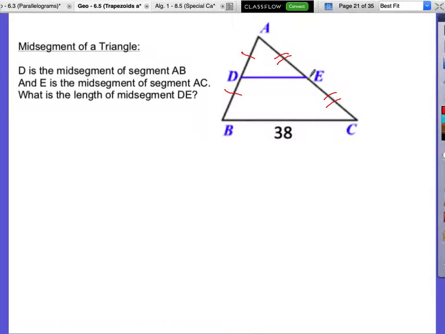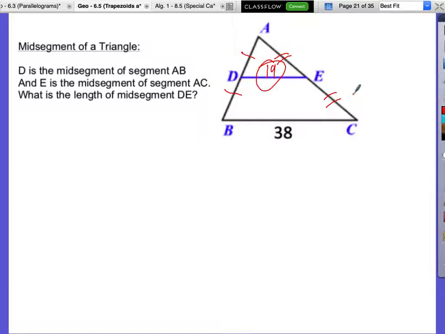It's half of 38. So in this case, it would be 19. The mid-segment of a triangle is half of the parallel side, the side that is parallel to that third side. A little bit of review there.